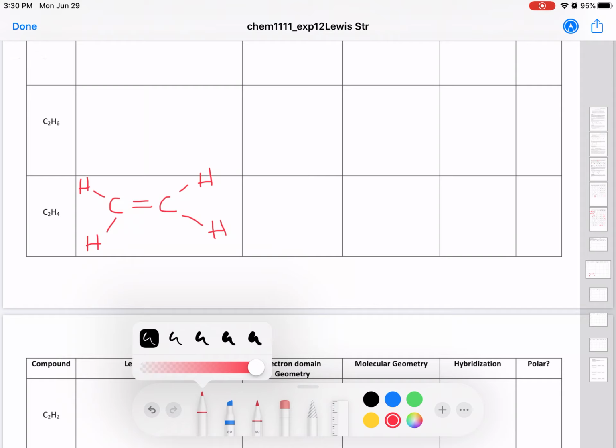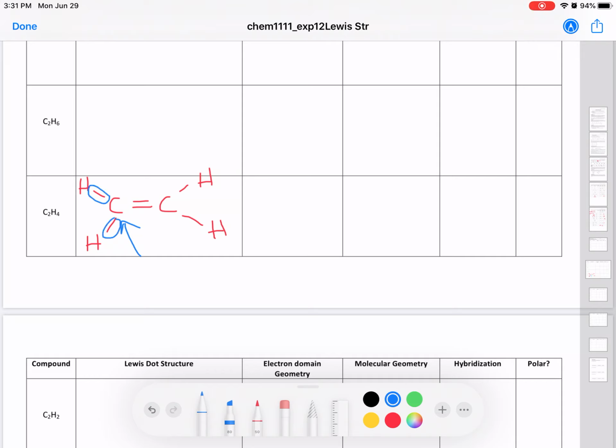Now there are 2 carbon atoms, so you can look at 1 carbon first. If you look at this one, electron domain geometry, how many electron groups are surrounding this carbon? So this is 1 group, 2 group, double bond considered as 1 group. So there are 3 electron groups.